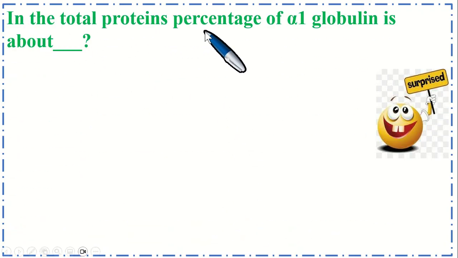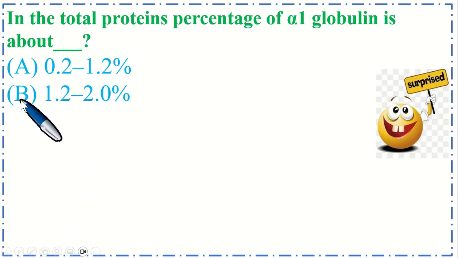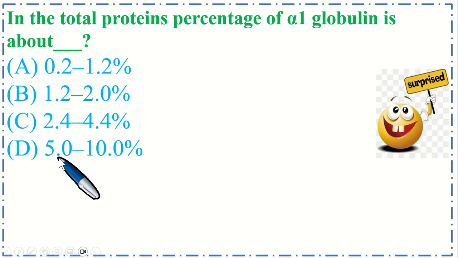And the total protein percentage of alpha 1 globulin is about dash. Option A, 0.2 to 1.2%. B, 1.2 to 2.0%. Option C, 2.4 to 4.4%. And option D, 5.0 to 10.0%.